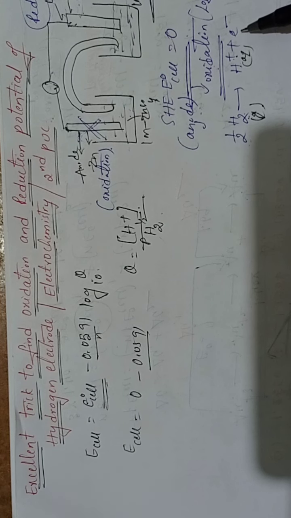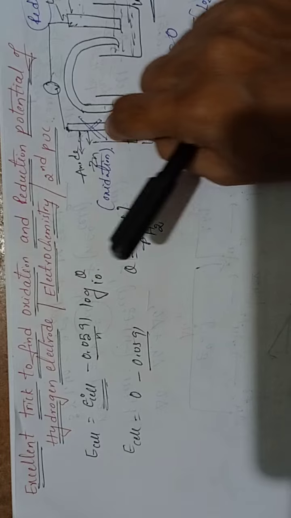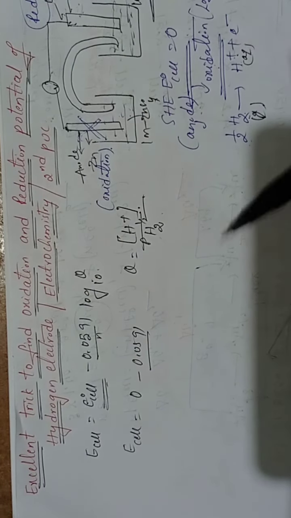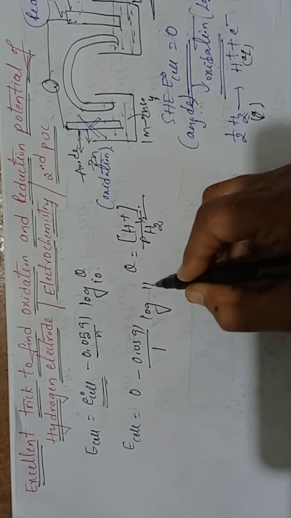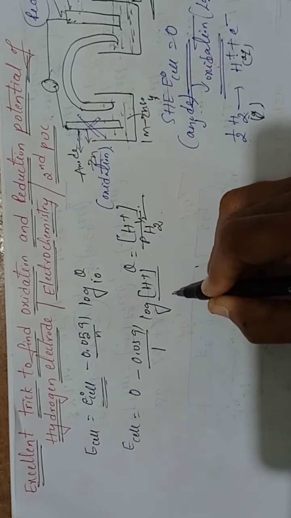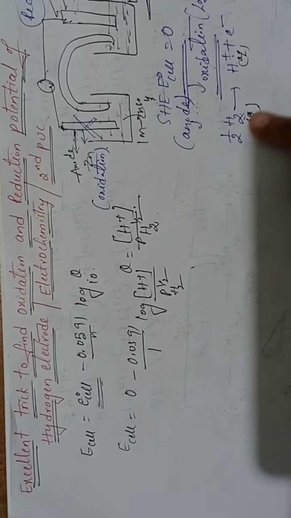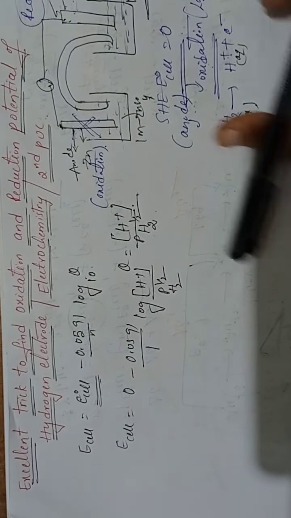One electron is lost, so only 1 electron is transferred from SHE to the cathode. So n is equal to 1, into logarithm of Q: H plus ion concentration by the partial pressure of hydrogen, with 1 by 2 in the power. Clear? So you have to take this value.